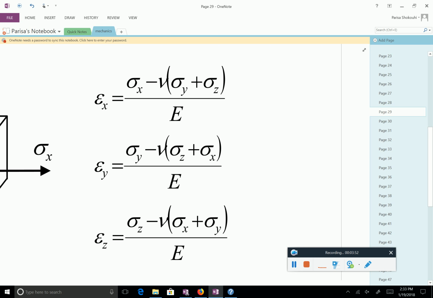Try to see if you can write it yourself. But it's the same formulation. It's written a little bit different. Okay.